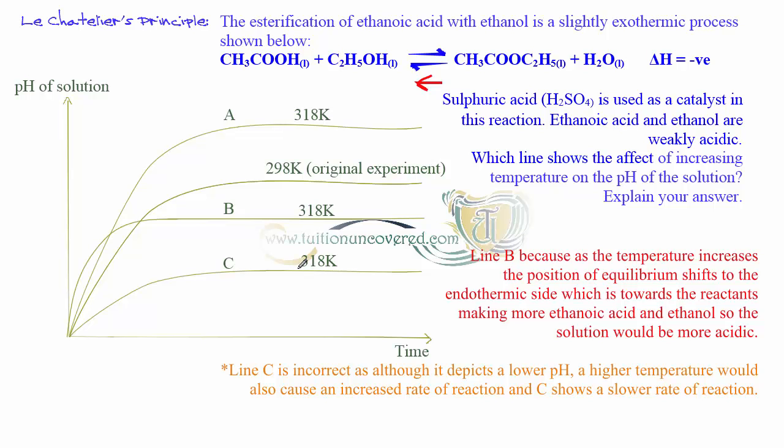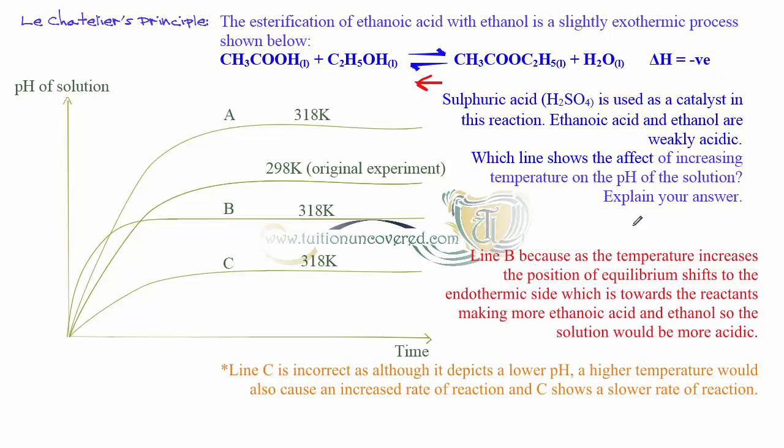What you now need to also appreciate is as the temperature increases, so does the rate of reaction, which is why line B is chosen, whereas line C shows a decreased gradient, a decreased rate of reaction compared to the original line. I hope you followed that. Line A, of course, is showing an increase in pH, a more alkaline solution, i.e. the equilibrium was shifting to the right, which would not happen if we're increasing the temperature because that's exothermic.